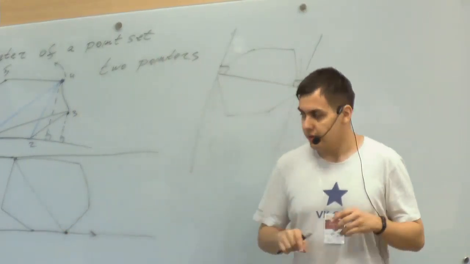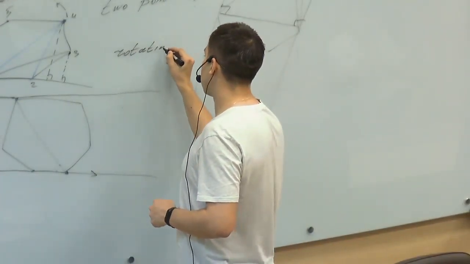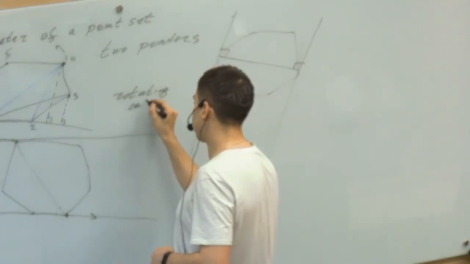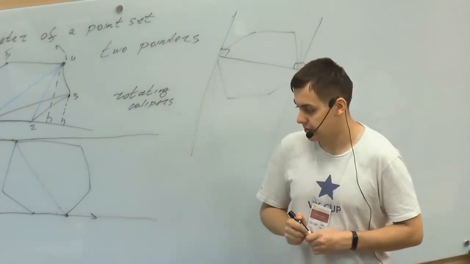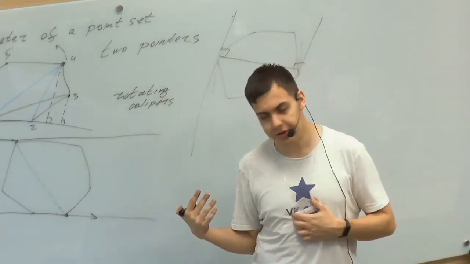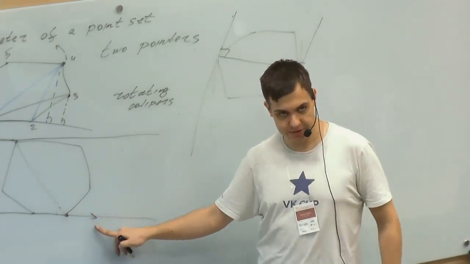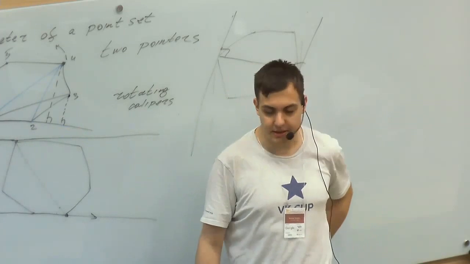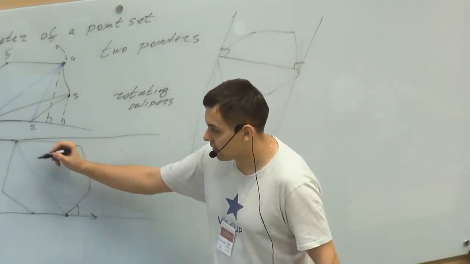And in general, these rotating calipers work as follows. So we have 2 points, and the direction vector goes into this direction for the first line and the opposite direction for the second line. Then we're looking for the smaller angle of these two.